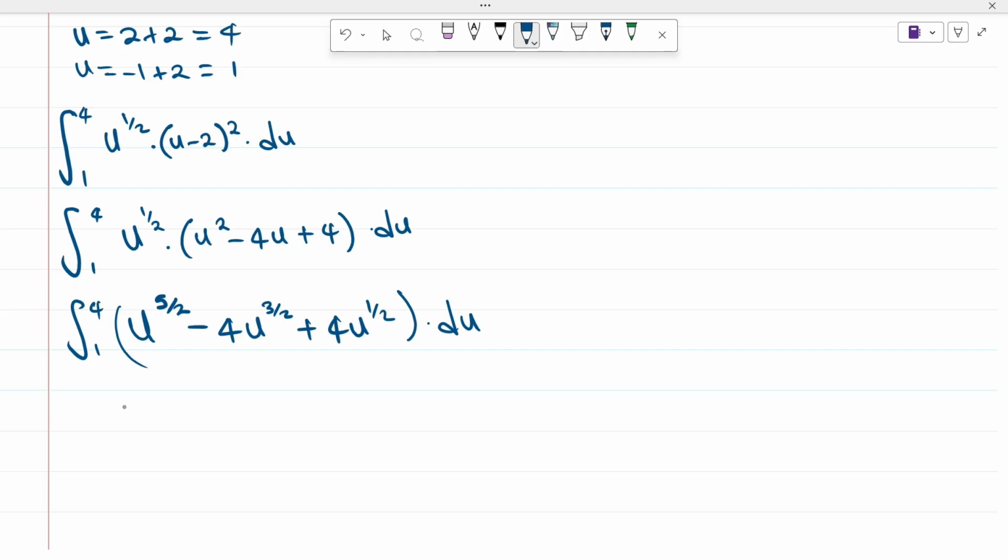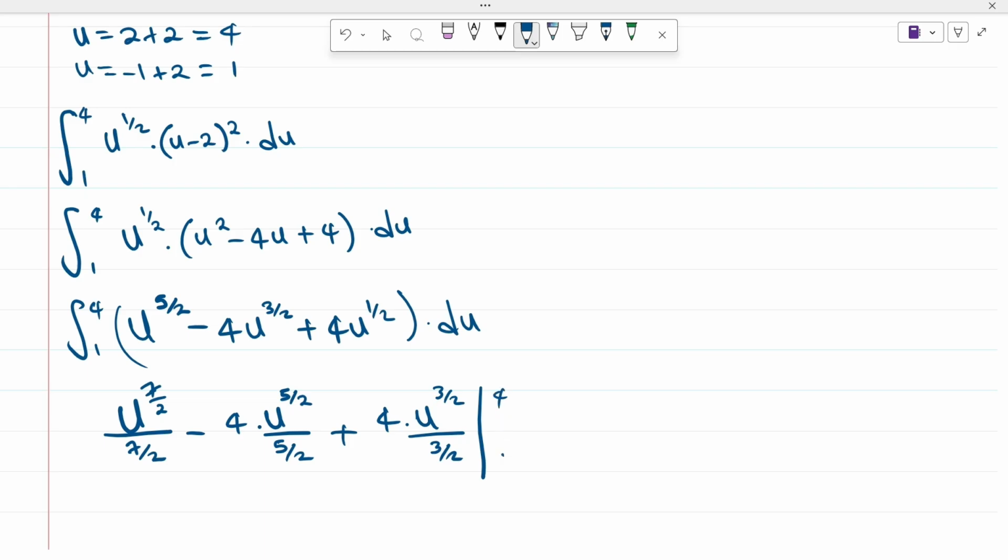We're going to say u to the power of 5 over 2 plus 1, that's 7 over 2, divided by 7 over 2, minus 4u to the power of 3 over 2 plus 1, so 3 over 2 plus 1, that's 5 over 2, divided by 5 over 2, plus 4u to the power of 3 over 2 divided by 3 over 2. You put your limits, 4 to 1.